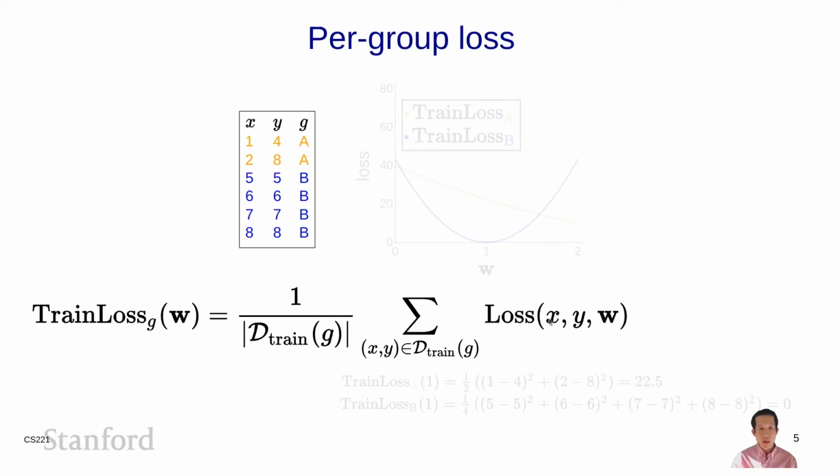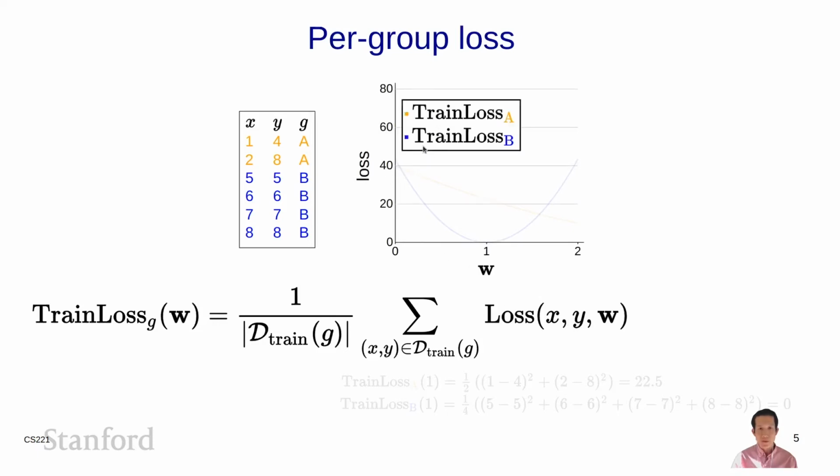Okay, so we're going to plot these two losses on this curve here. And we see that we have these two plots. Train loss A looks like this, and train loss B looks like that. We can practice evaluating these different loss functions at our example weight vector 1 here.